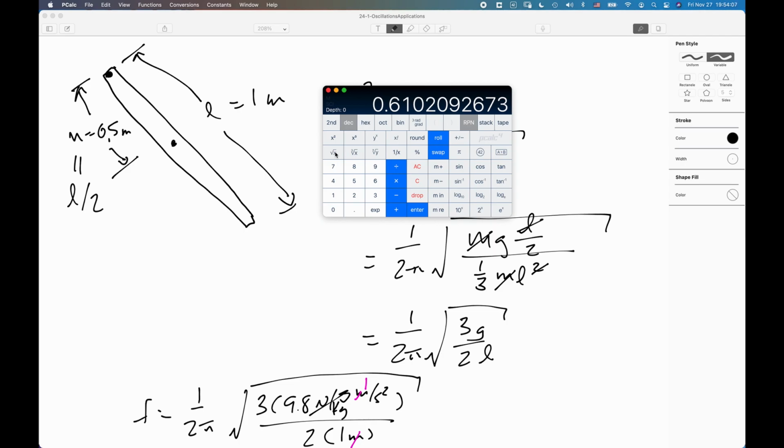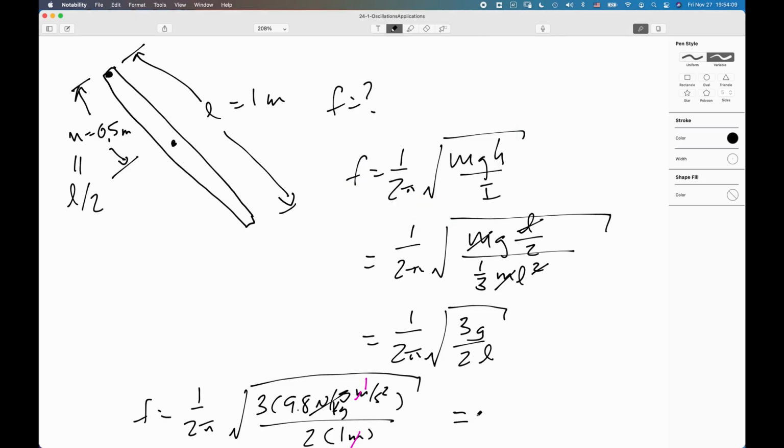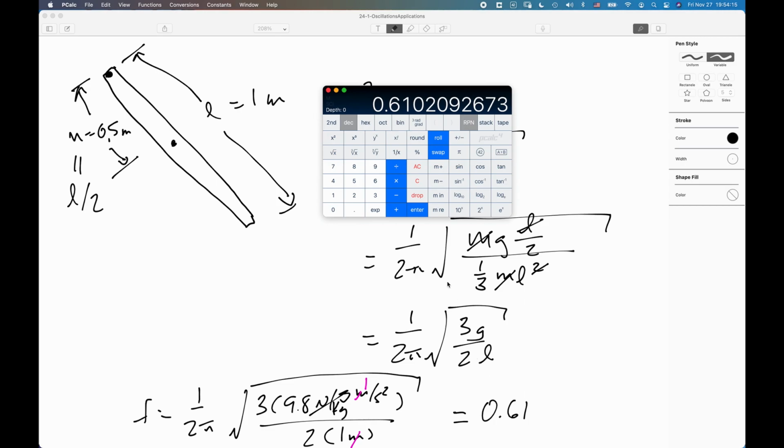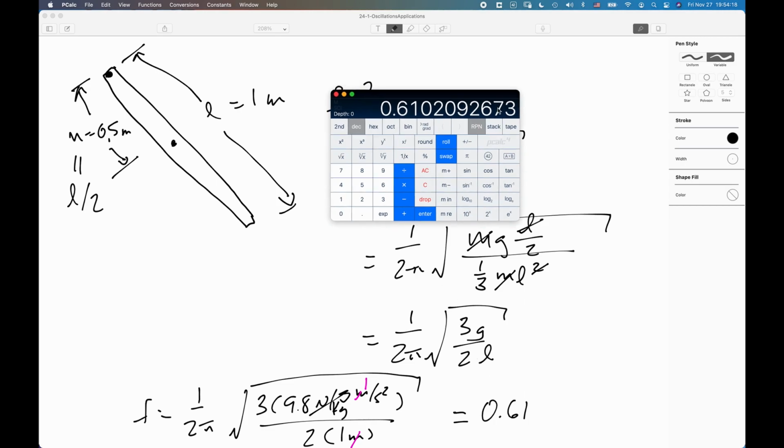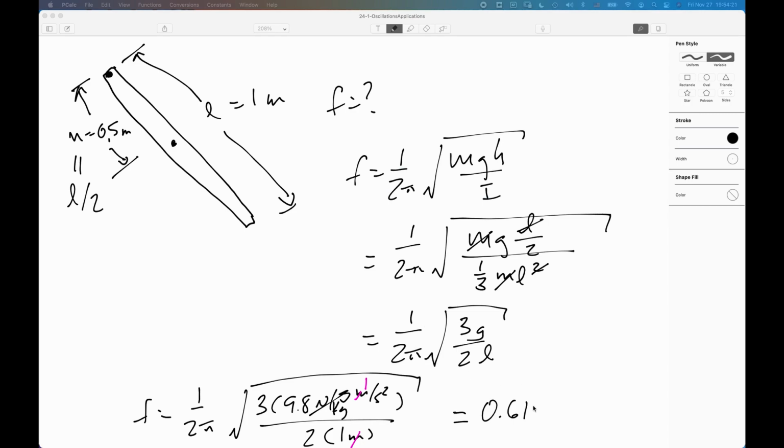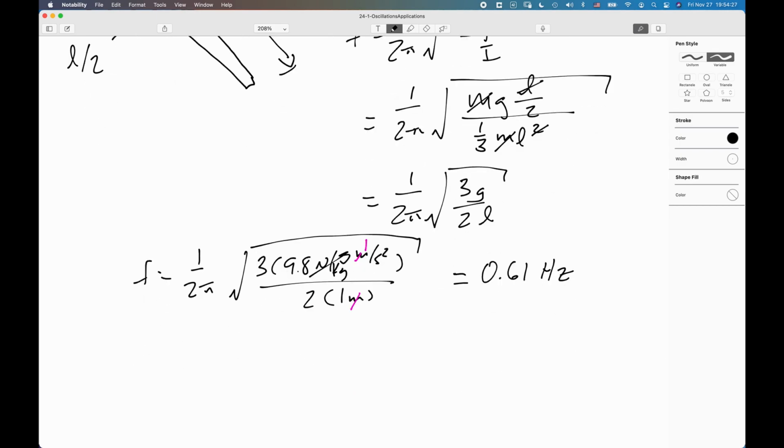And we get that a meter stick oscillates at 0.61 hertz. Or if you prefer to think about its period, we remember that the period is 1 over the frequency. So that would be 1 over 0.61 hertz, which gives me a period of oscillation of about 1.6 seconds.